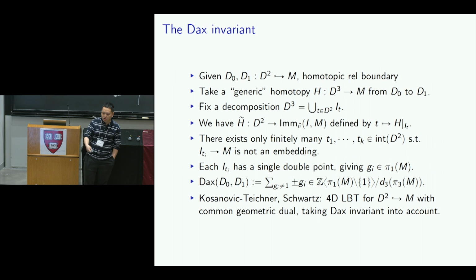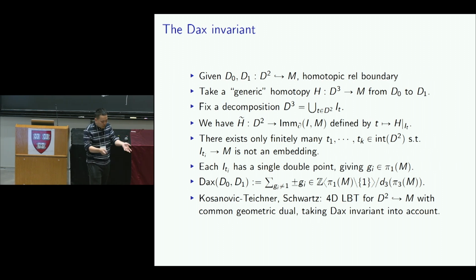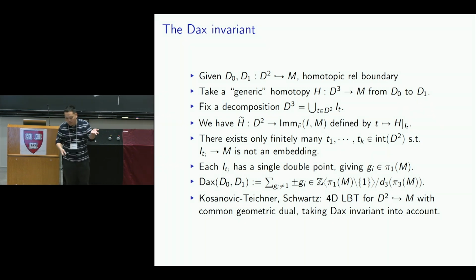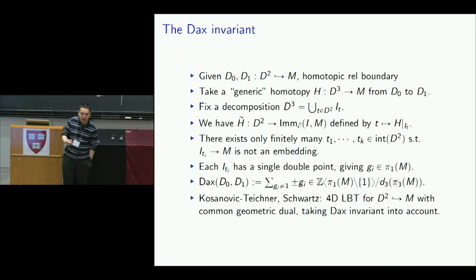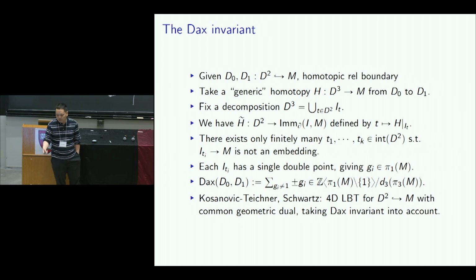As I mentioned, if you just naively translate Gabai's light bulb theorem to disks, it's not true because the Dax invariant provides a further obstruction. Actually, there are generalizations in this direction by Kosanović, Teichner, and Schwartz. They generalize the four-dimensional light bulb theorem to embedded disks with a common geometric dual, taking the Dax invariant into account.